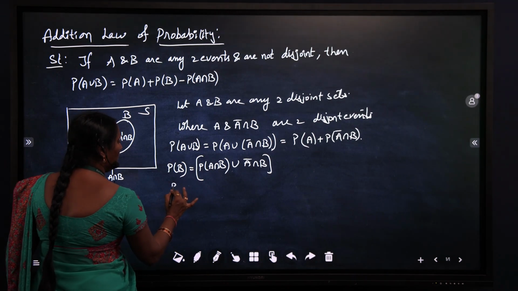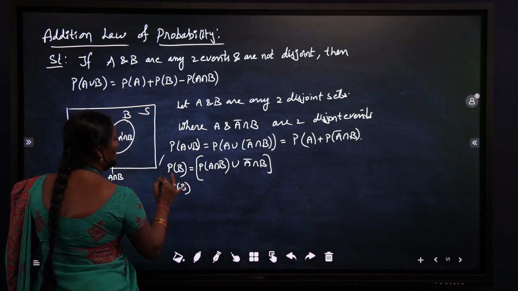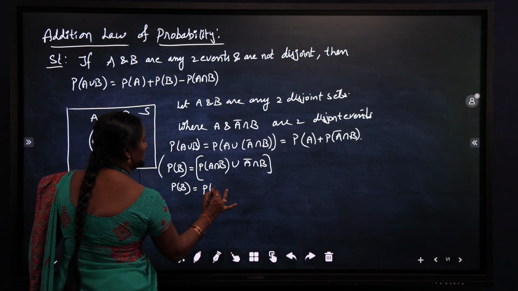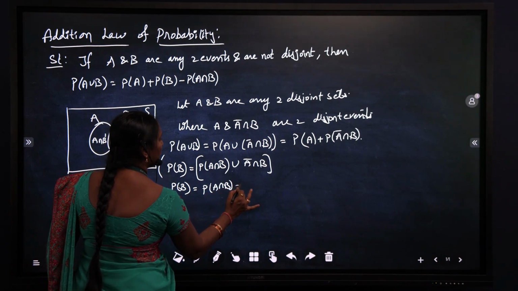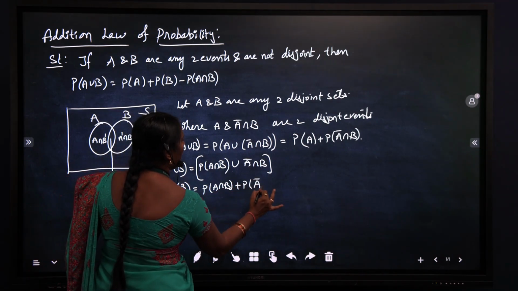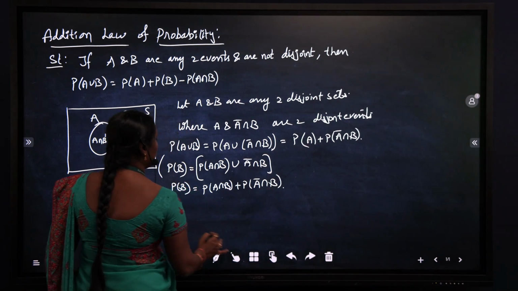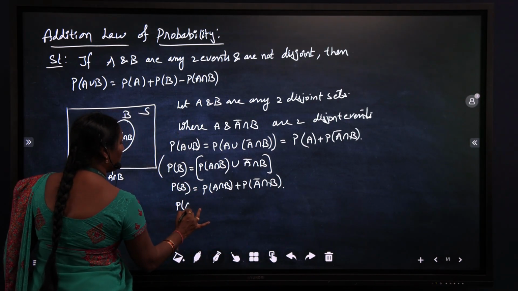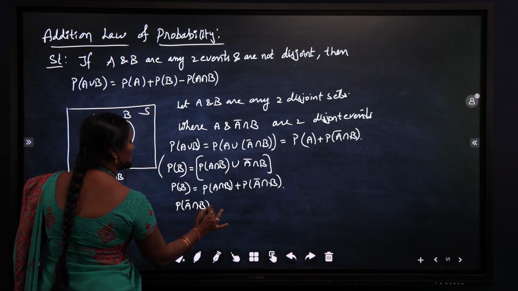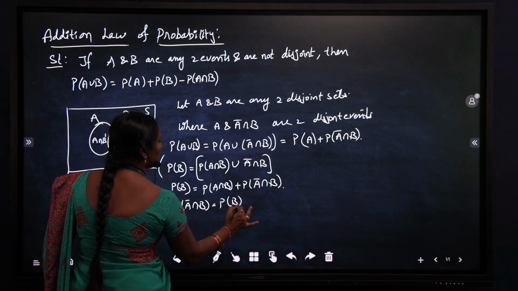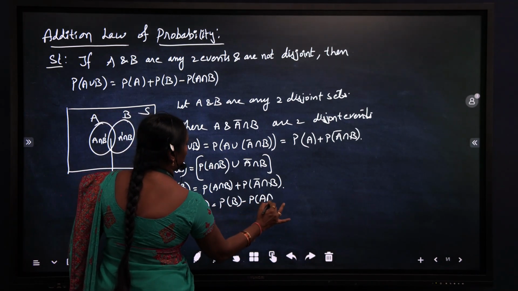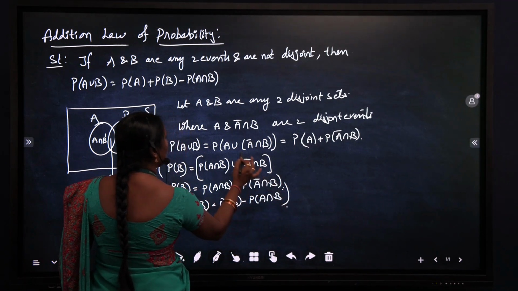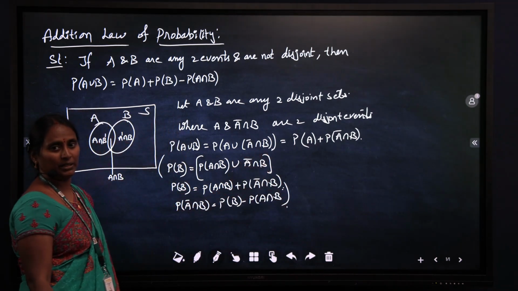So we write P of B is equal to P of A intersection B plus P of A bar intersection B. Therefore P of A bar intersection B is equal to P of B minus P of A intersection B.